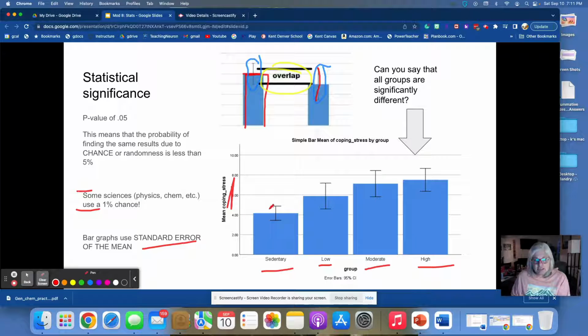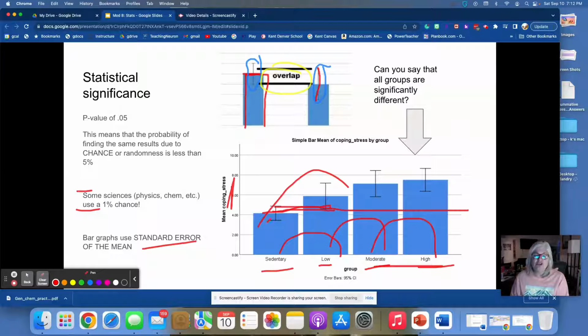So if I were looking at this, I would say that I cannot say there's a difference between sedentary and low, between low and moderate, and definitely not between moderate and high. But I can say that there is a difference between sedentary and high, because those bars don't overlap.